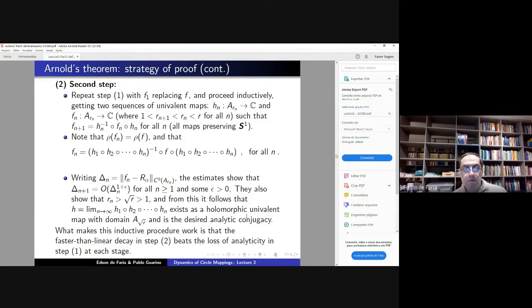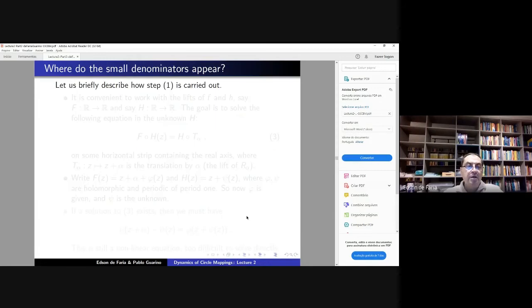So this is a general idea of what the proof looks like. Of course, this is very vague, but you will find a complete proof of Arnold's theorem in chapter 4 of our book. The proof is completely written down there. But here I want to at least give you a flavor, an idea of how step 1 is carried out.